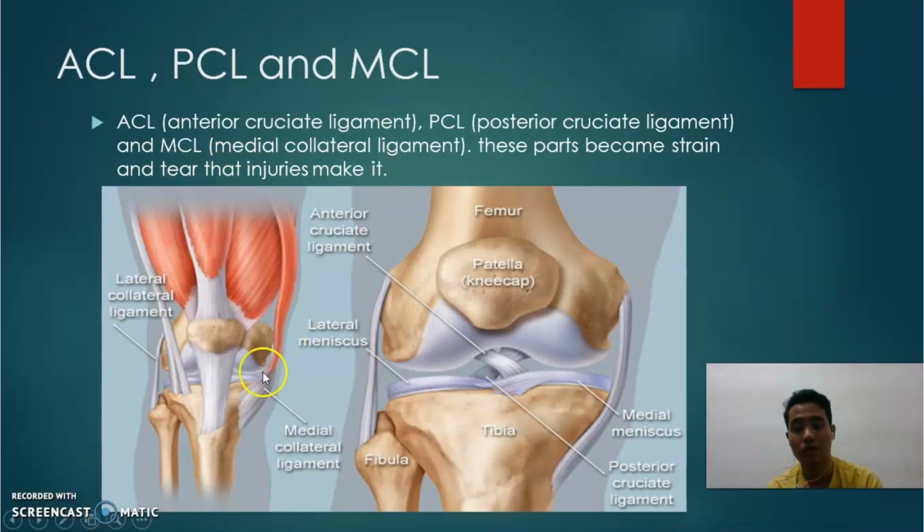So we can see the medial collateral ligament gets torn or strained, or the anterior cruciate ligament gets strained, and the posterior cruciate ligament gets strained.